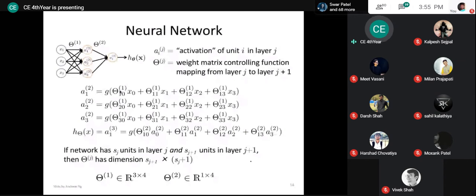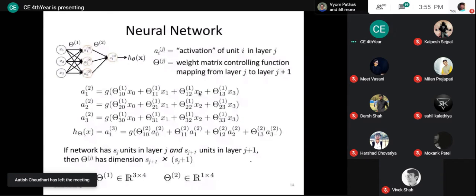Let's see some other value. This theta 1, 1 is multiplied with x1. So this is a weight between A1 and x1. Similarly theta of 1, 2, where this 1 means A1 and this 2 means x2. And whatever that weight is, we'll multiply it with x2 itself.